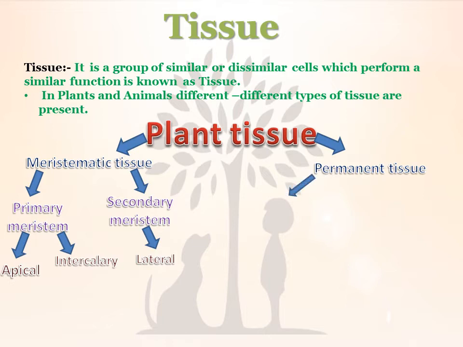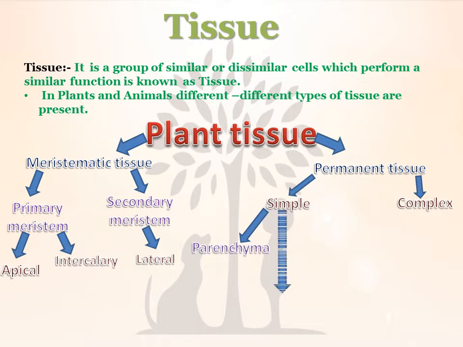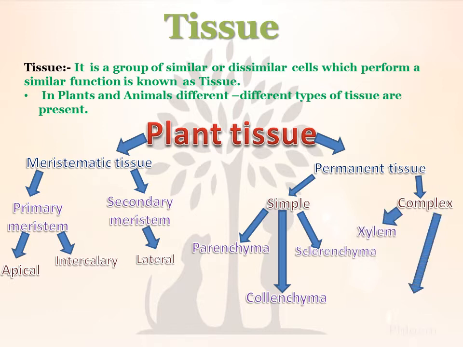Now the permanent tissue is also divided into different types. The first type is simple permanent tissue and the other type is complex permanent tissue. Simple permanent tissue is again divided into parenchyma, collenchyma, sclerenchyma, and the complex permanent tissue is divided into xylem and phloem.